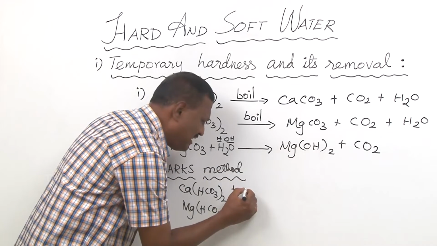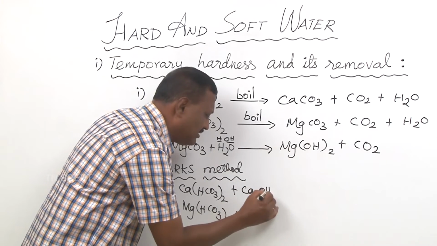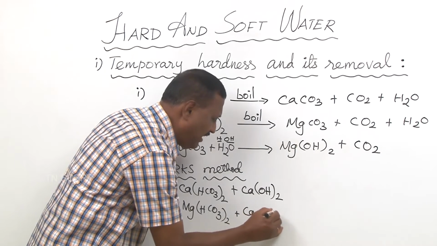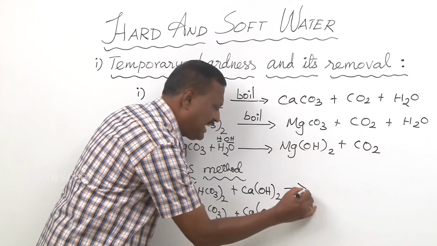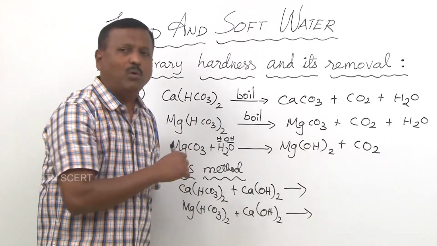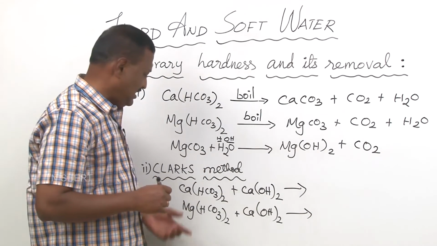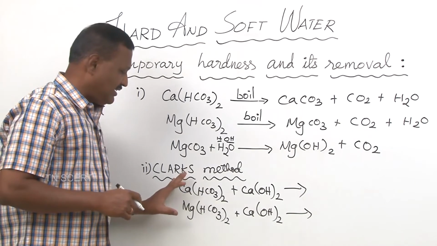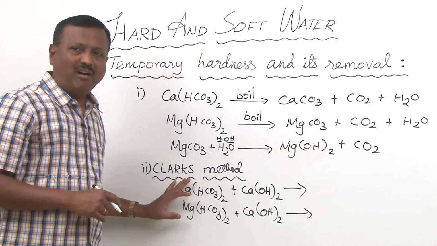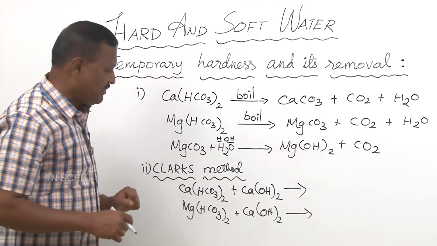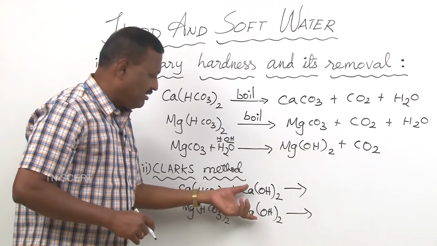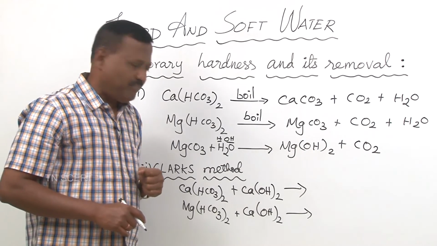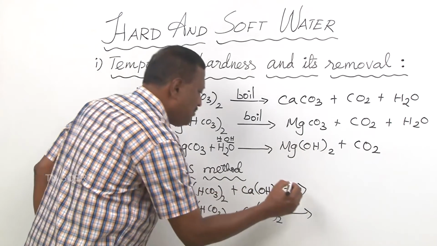Lime water is nothing but calcium hydroxide, Ca(OH)2. When calcium hydroxide is added to hard water that consists of calcium bicarbonate and magnesium bicarbonate, the salts responsible for temporary hardness, they react with calcium hydroxide, nothing but lime water, to form calcium carbonate.